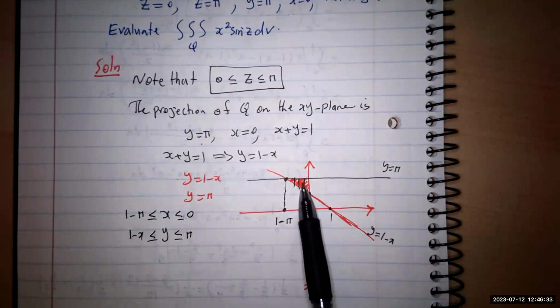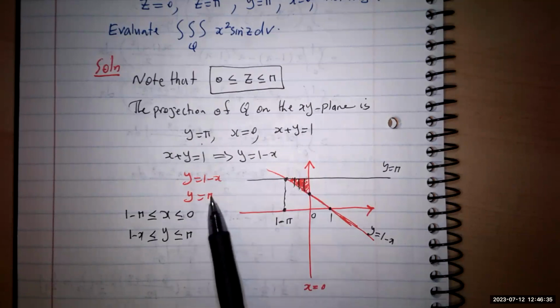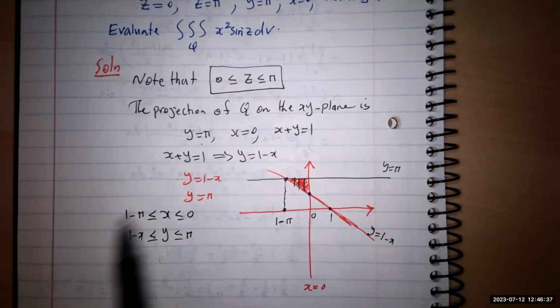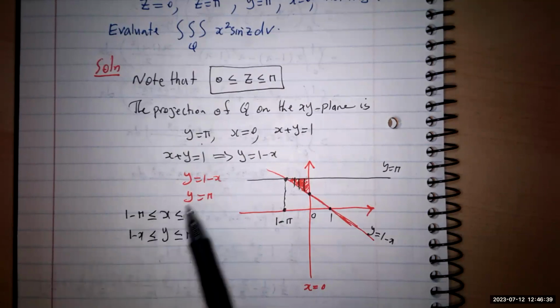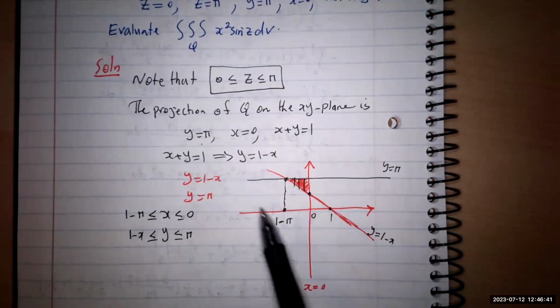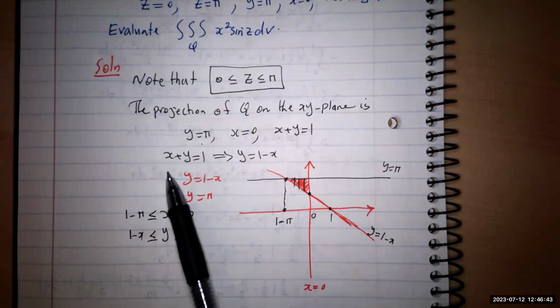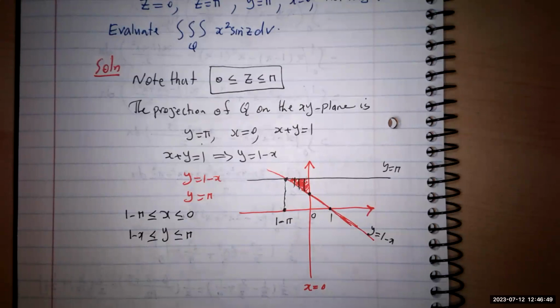So we just describe it. We know that y is going to be between 1 minus x and pi. You already got it here. So that's a confirmation. And if you put y equal to pi, then you get the restriction for x. But you had better graph it to make sure which one is going to be below and which one is going to be above. So we are ready to integrate it.